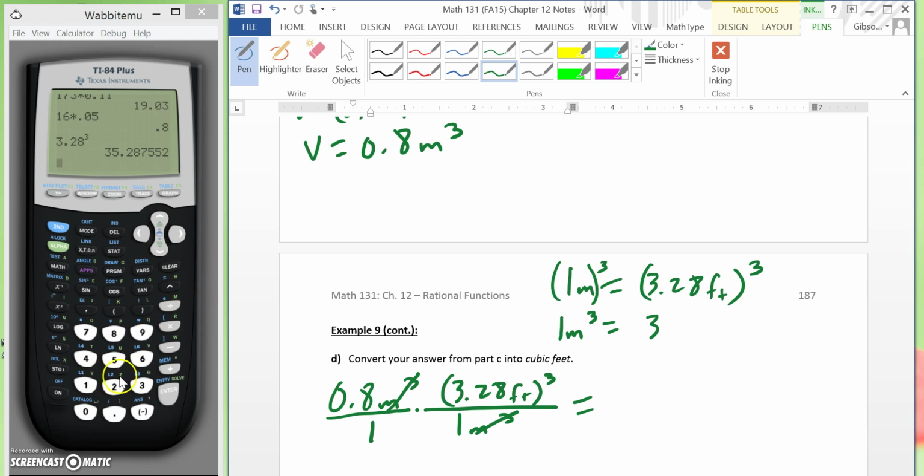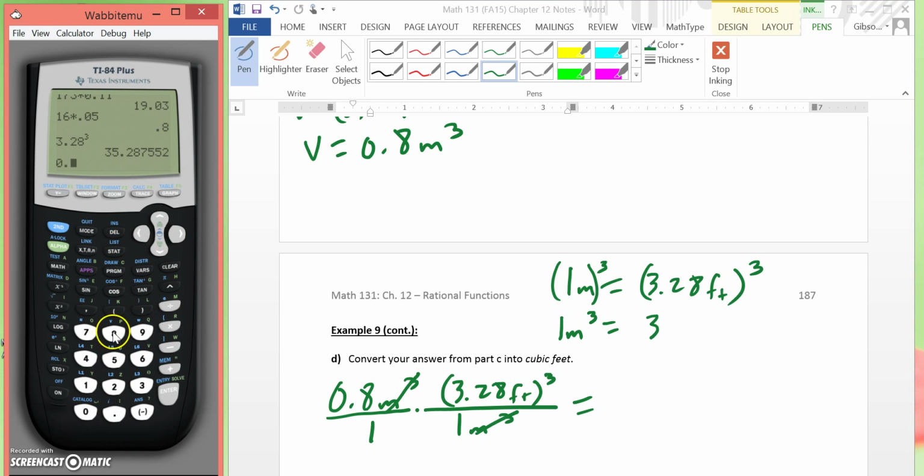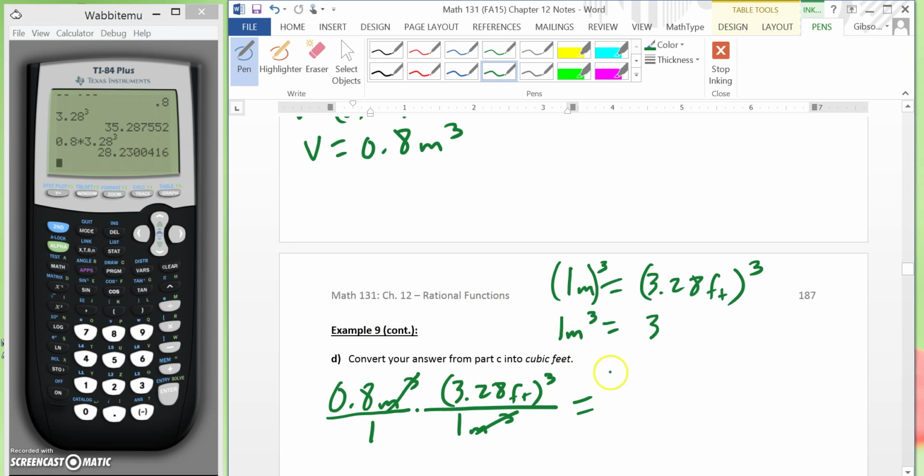And then we would take our calculator. We would take 0.8 times 3.28 to the third power. That would give us 28.23, and all these numbers behind the decimal. We round this to 1 decimal place. So it would be approximately 28.2 cubic feet.